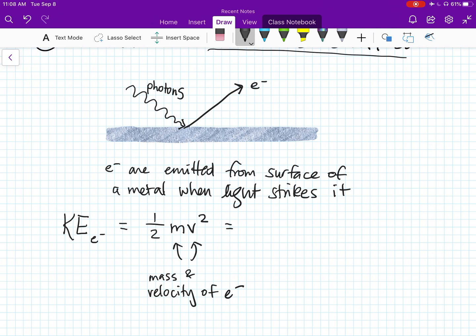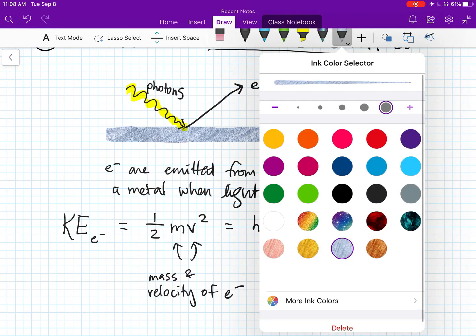The interesting thing with the photoelectric effect is that the kinetic energy is related to the energy of the incident photons, the photons that hit the surface of the metal, and we have to subtract a certain threshold energy. Let me define what each of these terms is in this equation.